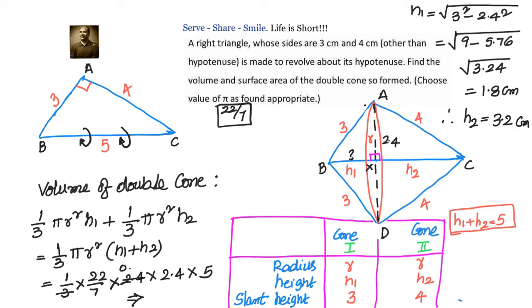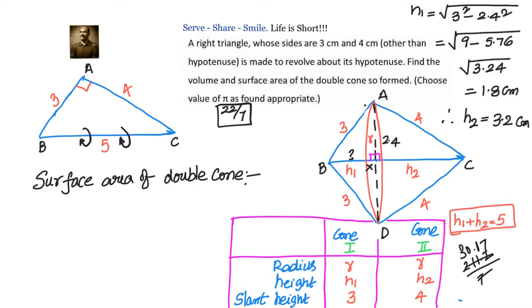So we can simplify this now. 0.8 into 5 is 4, 4 into 22 is 88, 88 into 2.4 is 176 plus 35.2, 211.2 by 7, and that is equal to 30.16. That's a mistake if I have written it as 7. It's 30.16, you can check that. Okay, that's about the volume of the double cone, 30.16.